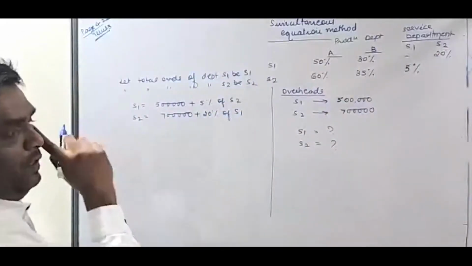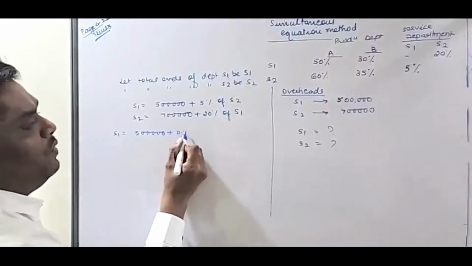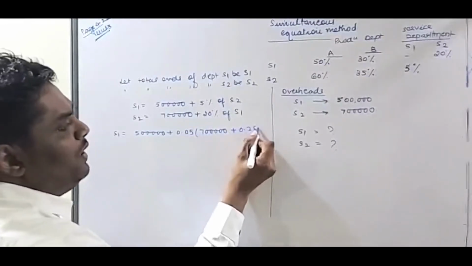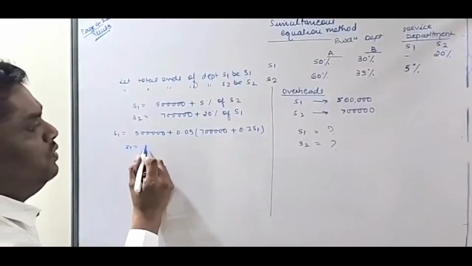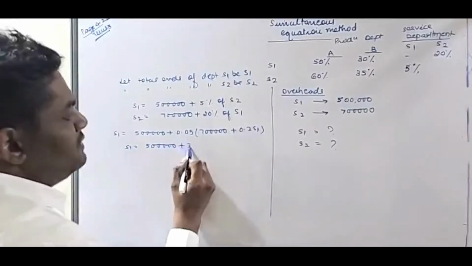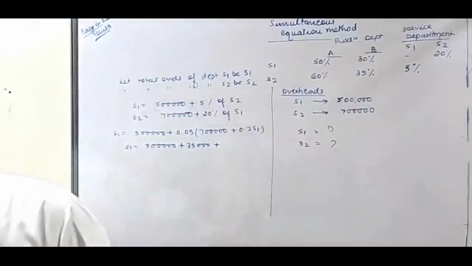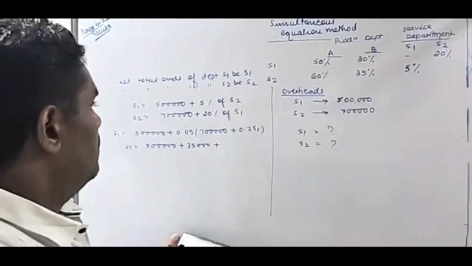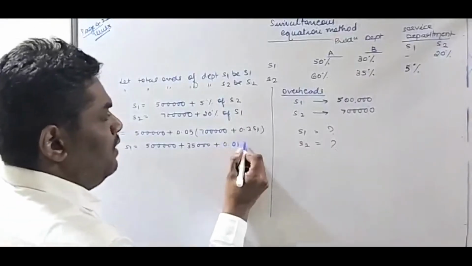So substituting the value, S1 will be 5 lakh plus 0.05 into 7 lakh plus 0.2 S1. So S1 is equal to 5 lakh plus 35,000 plus 0.01 S1.